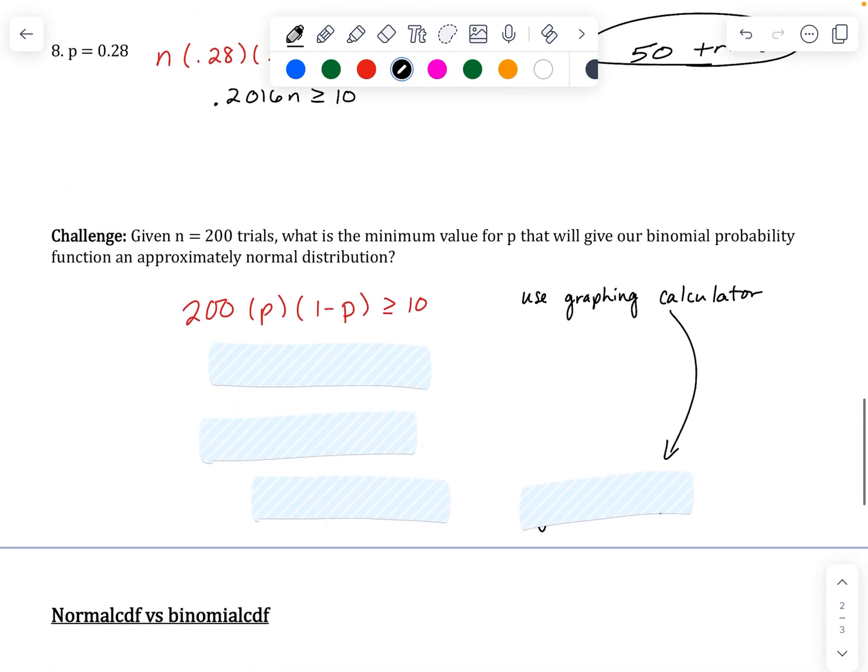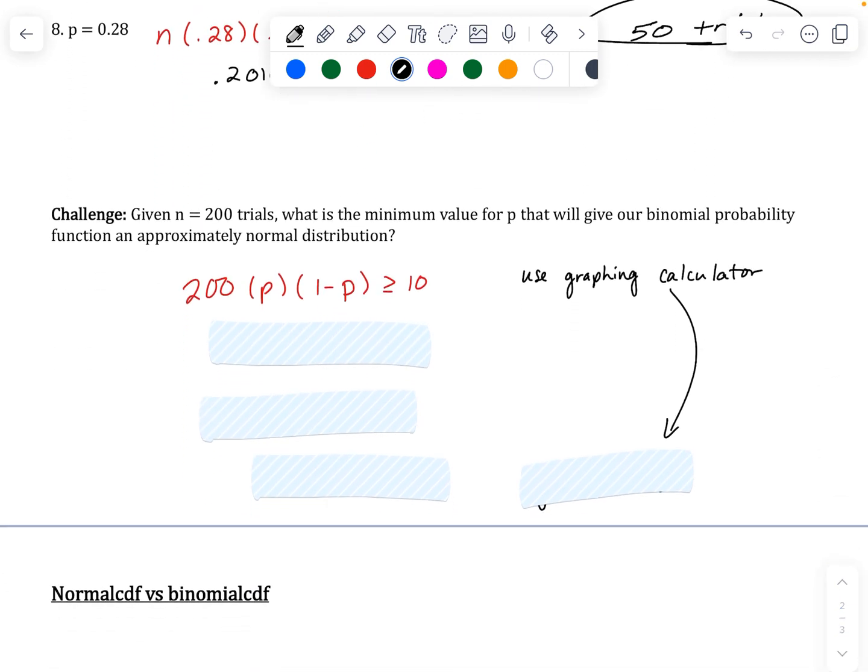All right, now for this one, let's work on a challenge question. If I gave you n is 200, what's the minimum value for p that will give our binomial probability function an approximately normal distribution? If you get this function, you should get this written as a trinomial.